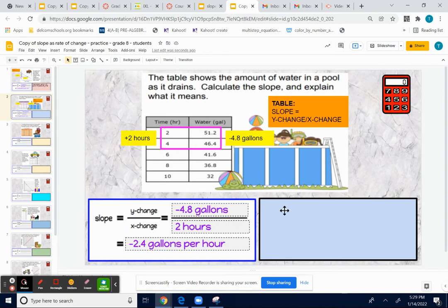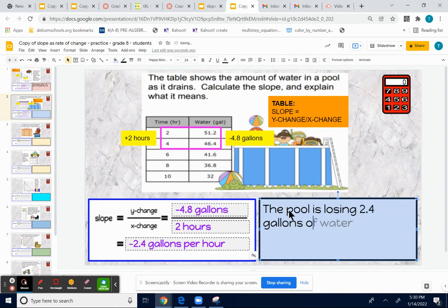In this problem, you just want to write down a brief description. What does that slope mean in this problem? They're talking about the amount of water in a pool as it drains. So that just means the pool is losing 2.4 gallons of water every hour.